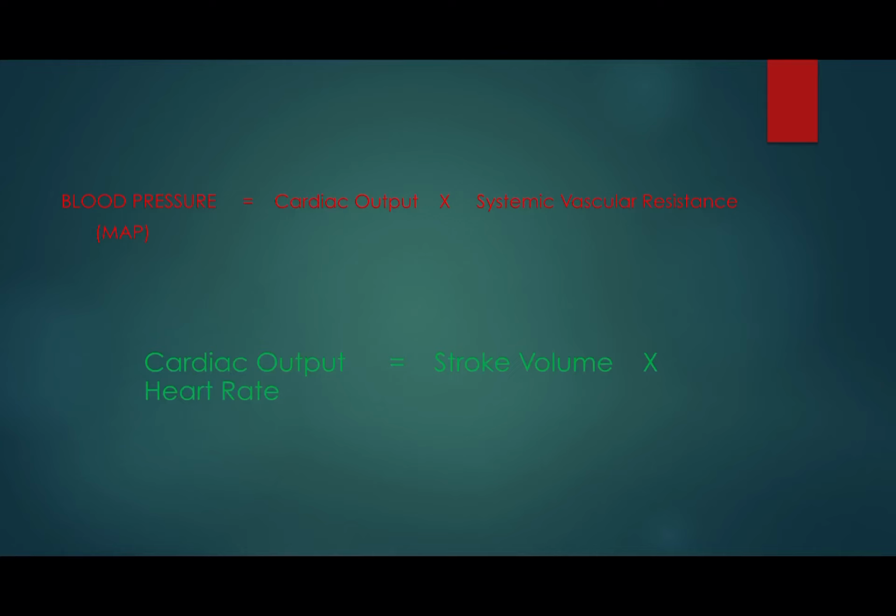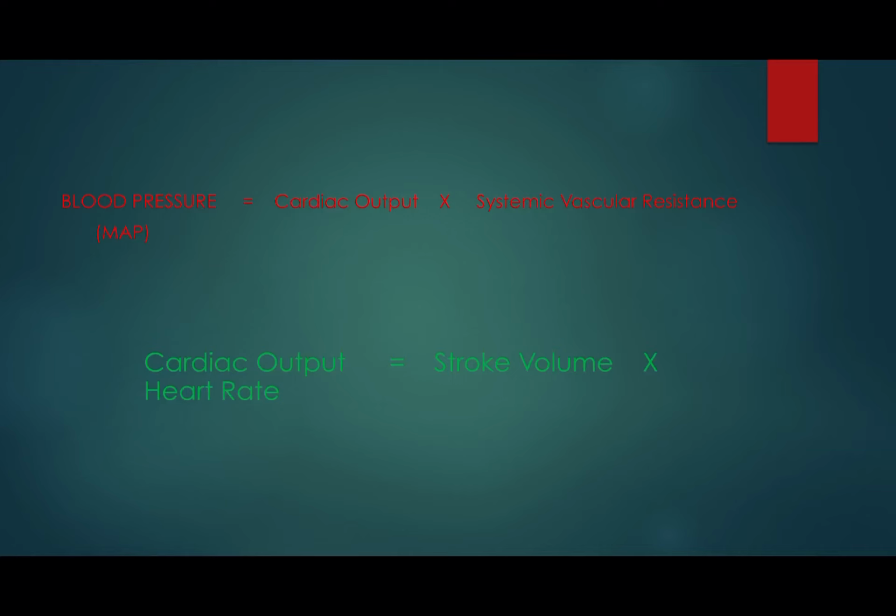So, the blood pressure, let's say, stays at 60, and you're increasing up your systemic vascular resistance. You doubled it, you tripled it, but the blood pressure stays the same at a MAP of 60. The only thing that can happen is that your cardiac output is dropping, because the heart is now having to beat against a much higher end pressure, because you've caused vasoconstriction of all the blood vessels.